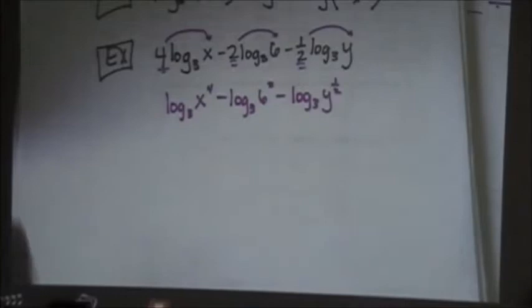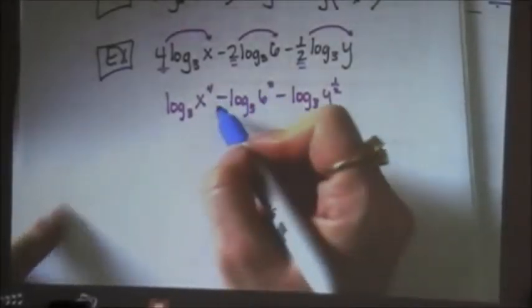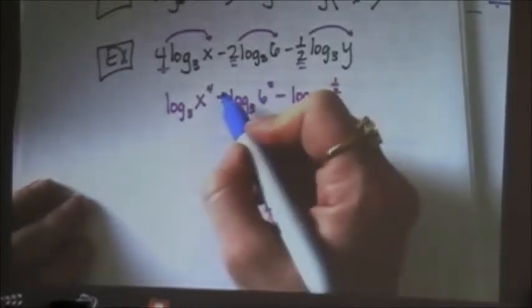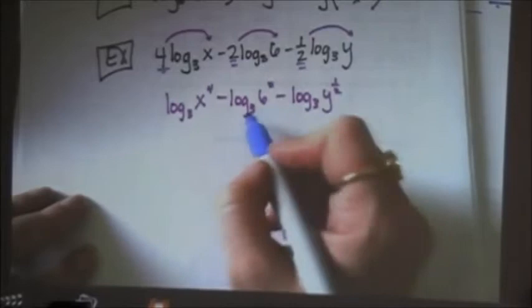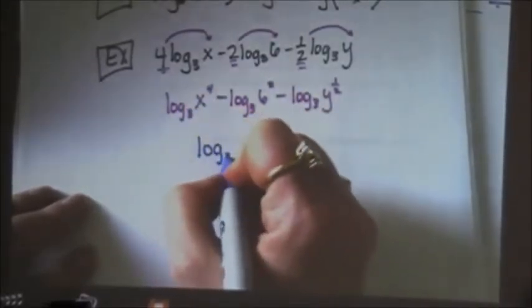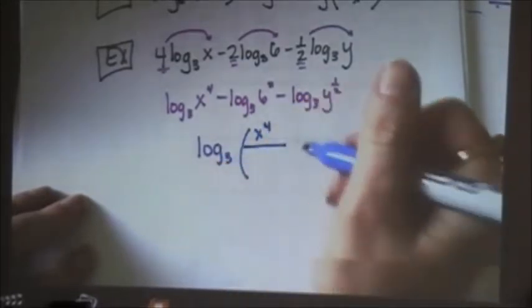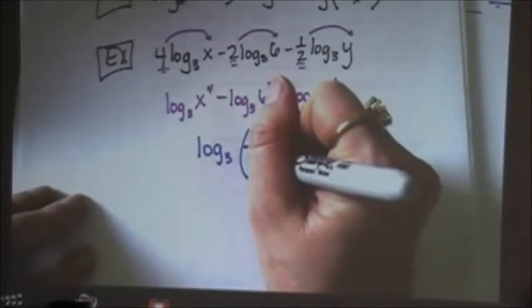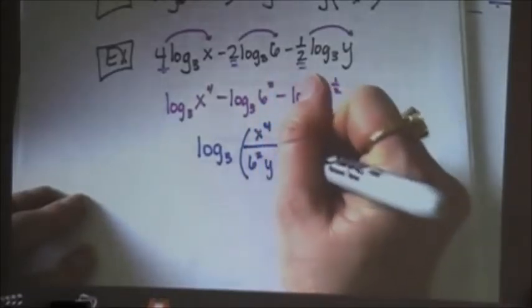Now I want to fix the fact that I have these subtractions. And if you think back to one that we did earlier, it looks like I have distributed a negative and that both of these pieces are going to be on bottom and this piece will be on top. So I'll have log base 3 of x to the 4th over 6 squared y to the 1/2.